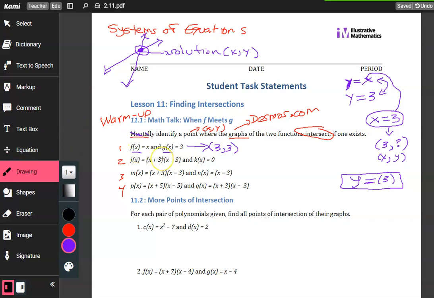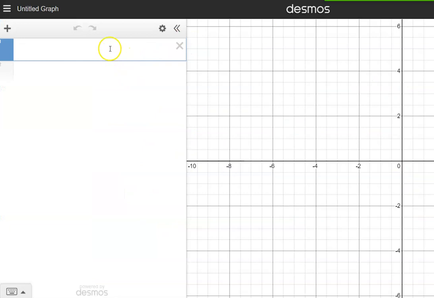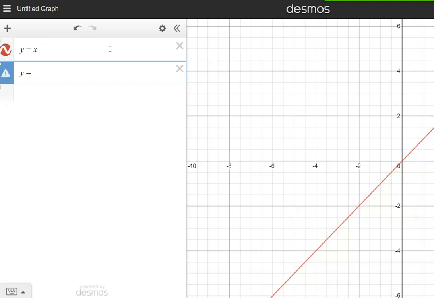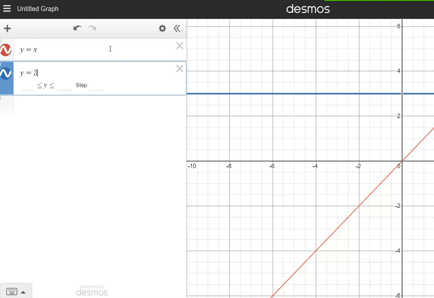And this is going to be evident if you go to Desmos. This is what you do at the end. You don't need to do this at the beginning. You put y equals x, and you get a graph like this. Y equals 3 is this blue graph here.